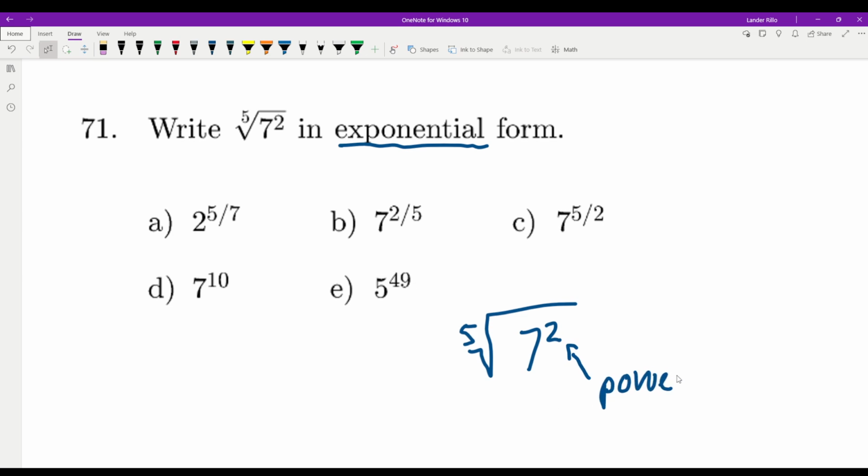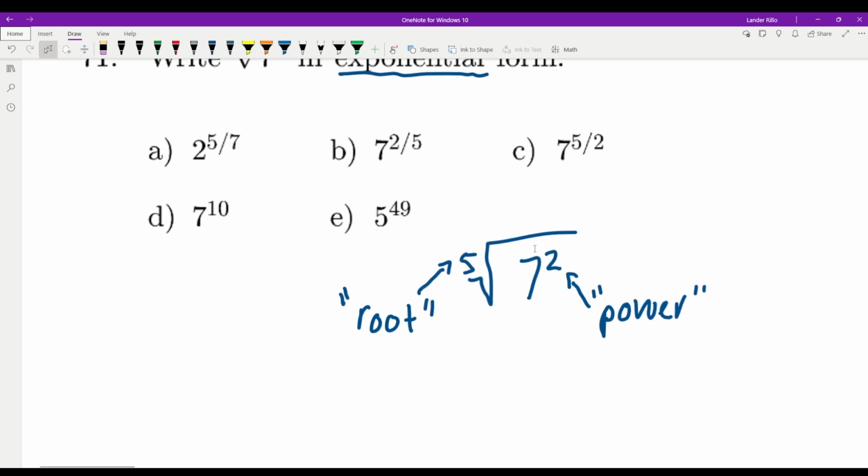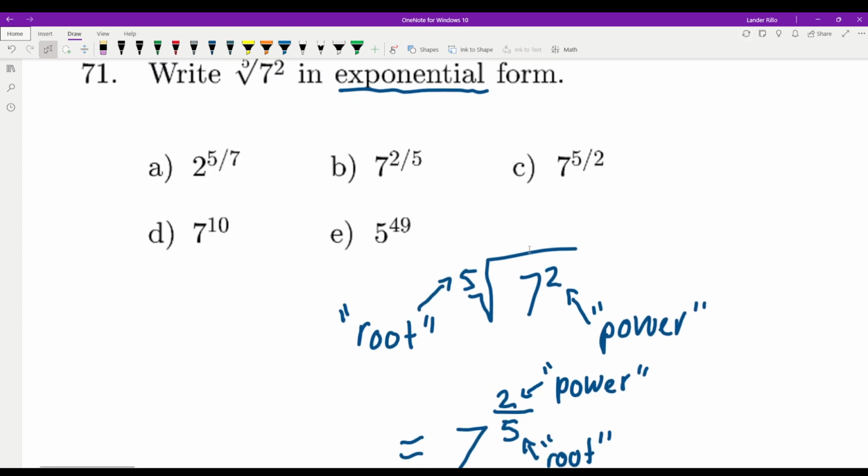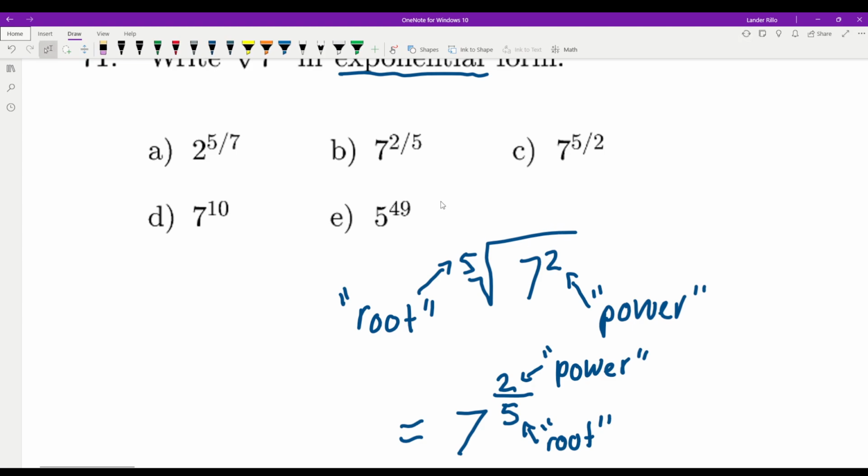Power. And then this is the root, which is at the bottom. Root. So we can convert that back. 7 to the power of 2 over 5, the root. And this is the power. Does that make sense? That should give you B.